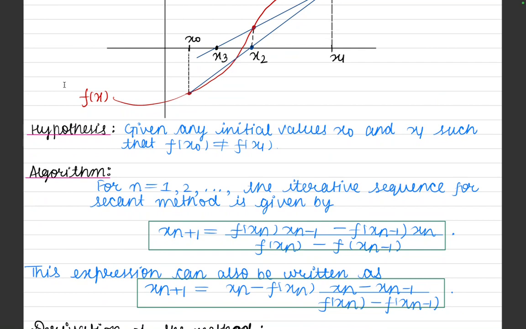Step 1. For n equal to 1, 2, and so on and so forth, we give the iterative sequence formula.